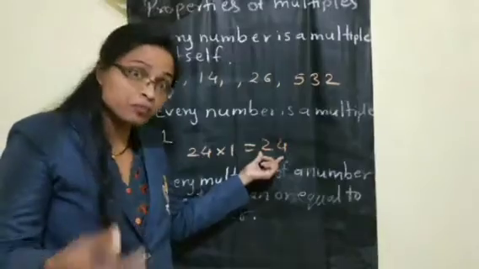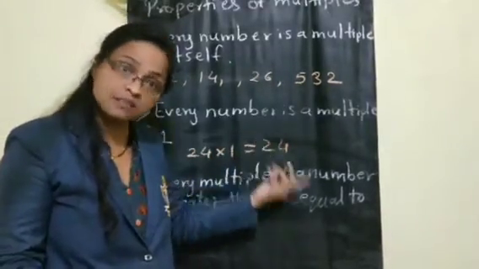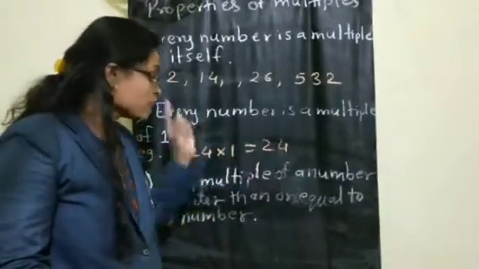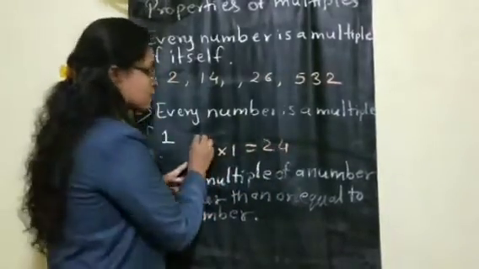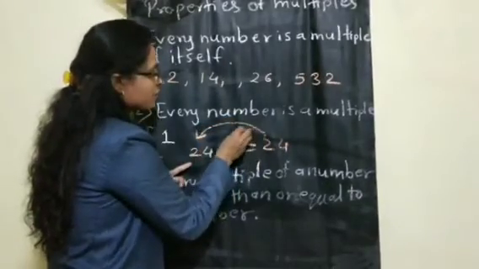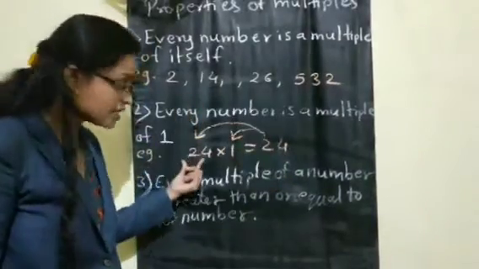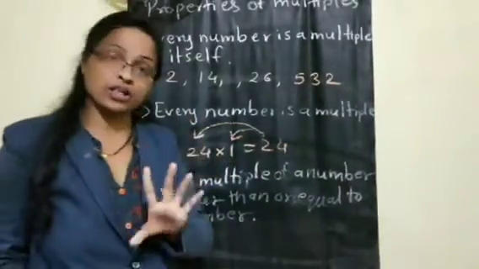Multiple means what? Product. After multiplying two numbers we get the product, that is a multiple. So 24 is a multiple of 24 and 24 is a multiple of 1. So a number is a multiple of itself and 1 also.